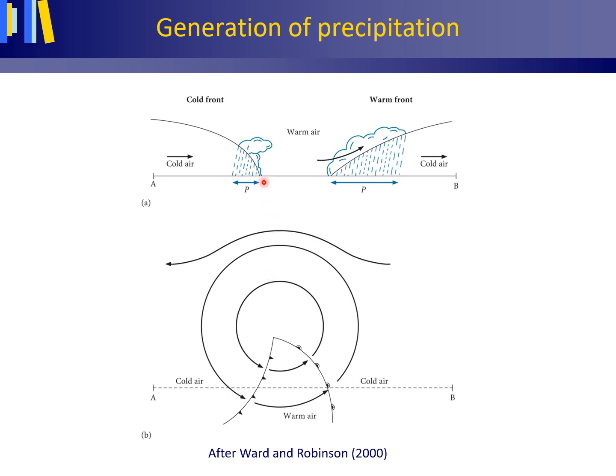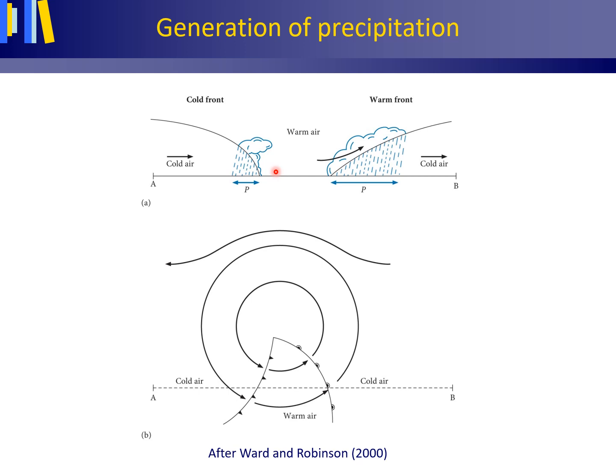What you can also see is that the cold air has a harder job of moving underneath the warm air than the warm air has in moving over the cold air. So you get a very steep slope here between your cold air and your warm air, and you get a slope at a slighter angle here in between your warm air and your cold air.